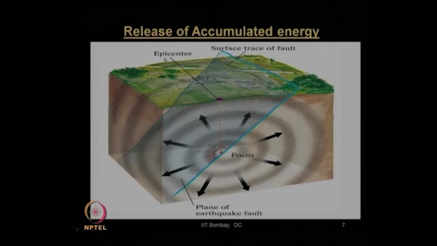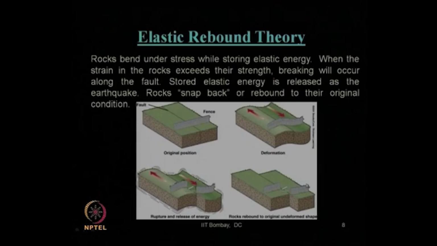The earthquake epicenter is that point which is nothing but the vertical projection of that focus point on the earth surface. And we have seen what is the surface trace of a fault on the ground surface.